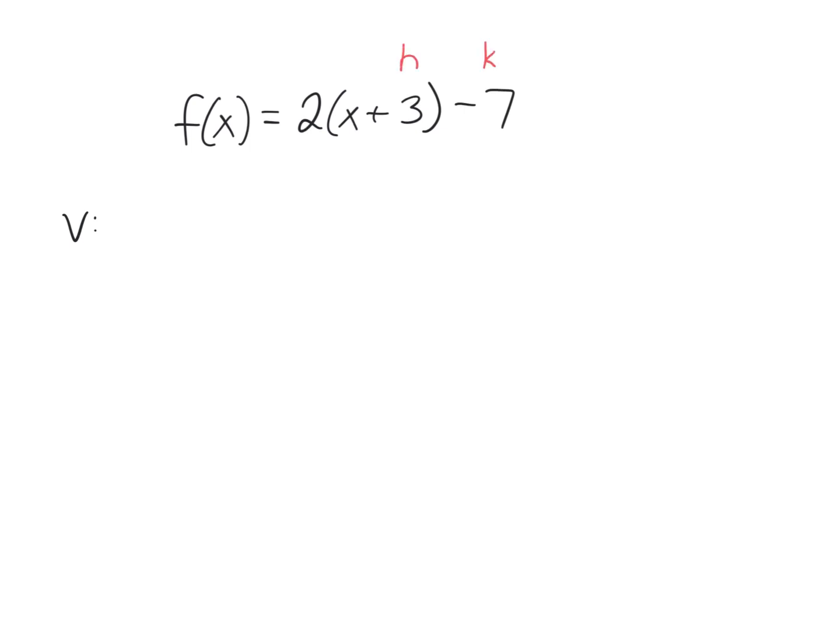H and K. What is my H value? 3. Think plus 3. Is that right 3 or left 3? Left 3. So I need a negative 3 for my x value. What's my k value? Negative 7. So you're always going to do the opposite of whatever this says. It was a positive 3, so my x value is a negative 3.